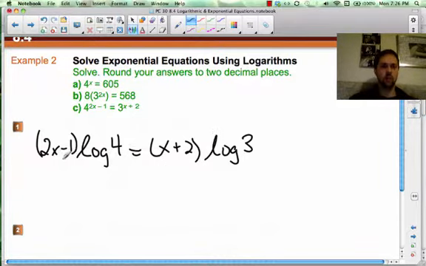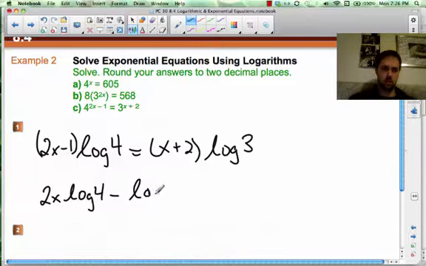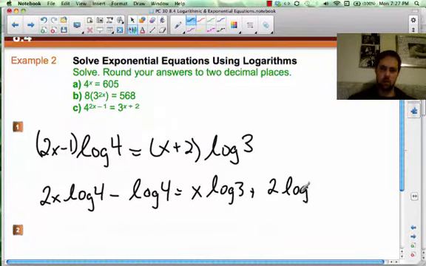Now, basically what we have to do is distribute these in, so we get 2x log 4 minus 1 log 4 equals x log 3 plus 2 log 3.